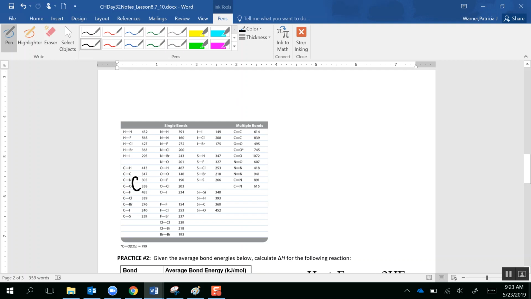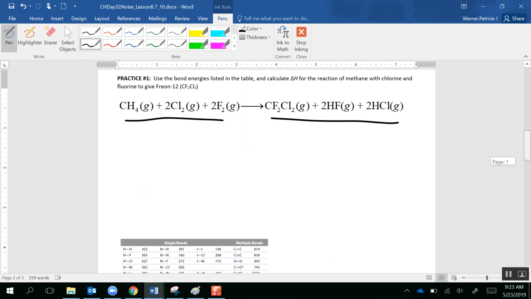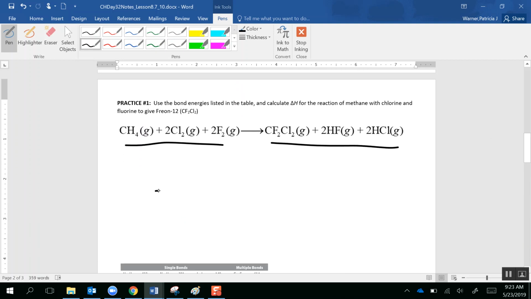So in this first example, this is methane. That first molecule right there is methane. And how many carbon-hydrogen bonds do we have? We have 4 carbon-hydrogen bonds that we're going to have to break.